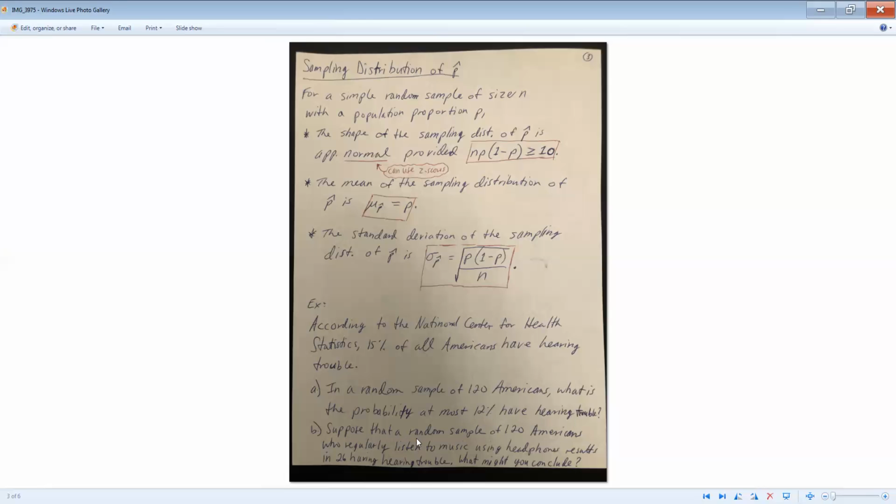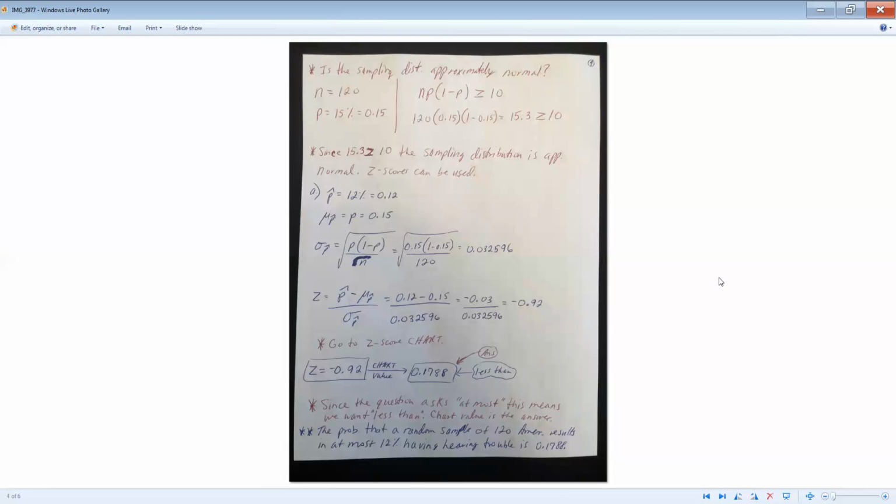And then B, suppose that a random sample of 120 Americans who regularly listen to music using headphones result in 26 having hearing trouble. What might you conclude? Okay, so we'll look at A first. Before we look at A, we have to establish, do we have an approximately normal distribution?